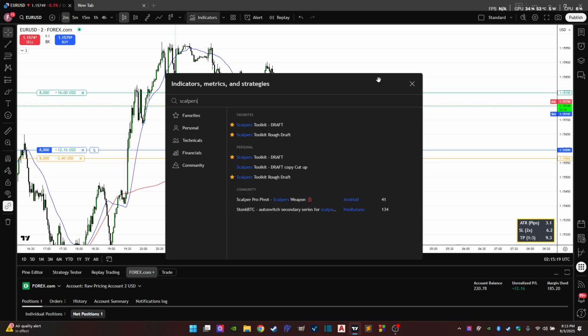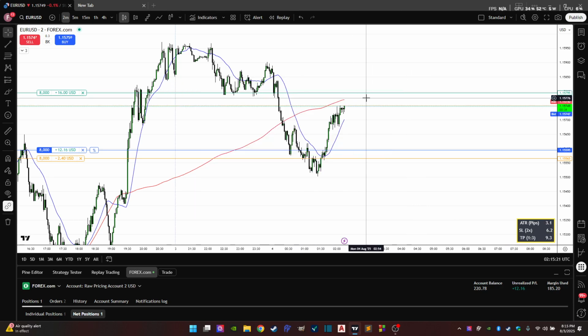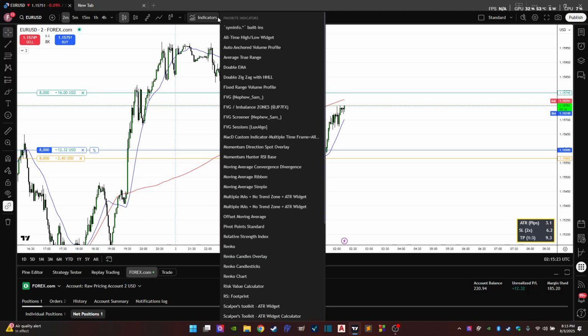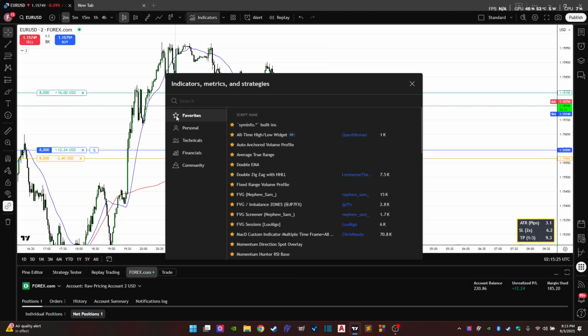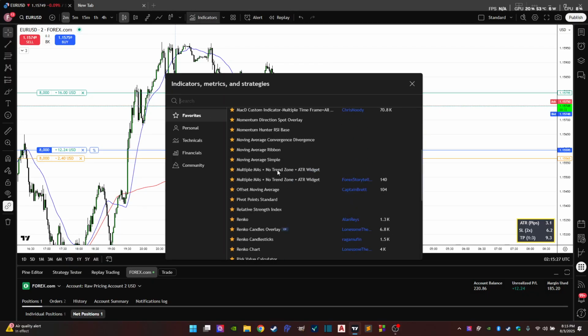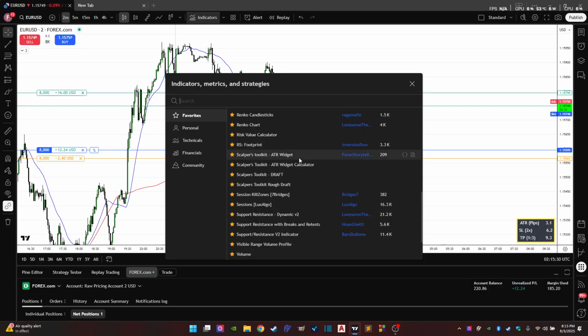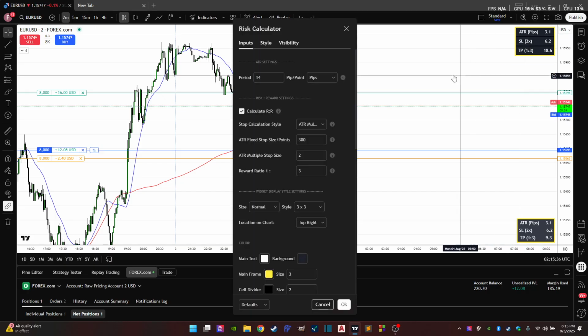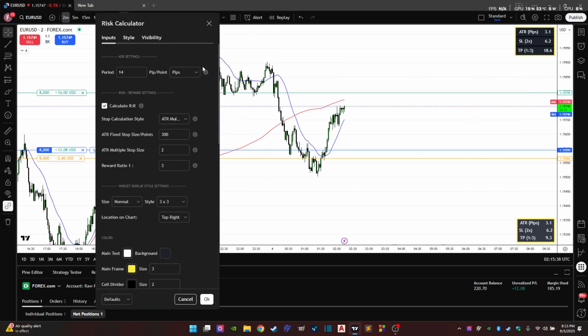Not entirely sure why I can't find it. It's not showing me, but it will show you guys. There it is. It will be the Scalper's Toolkit ATR widget. That's the one we want. 209 boosts so far. Now we got the right one.